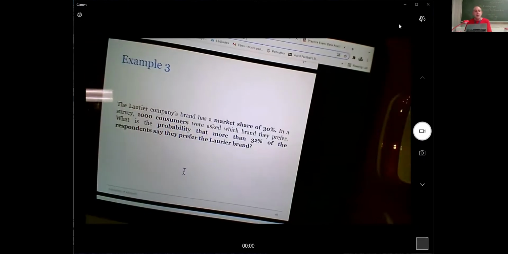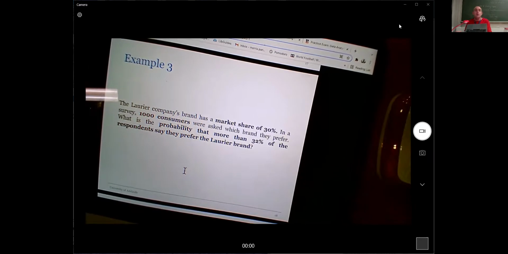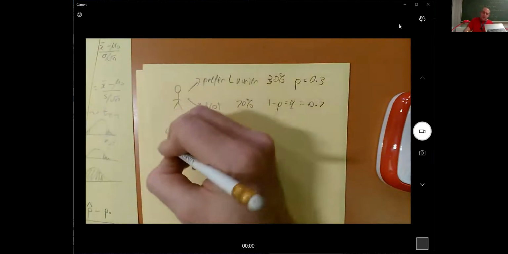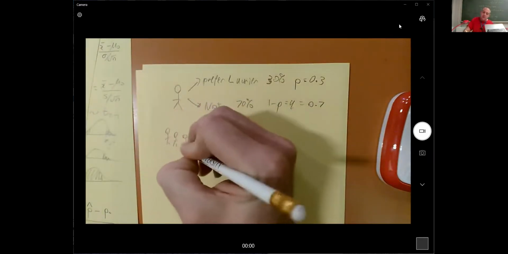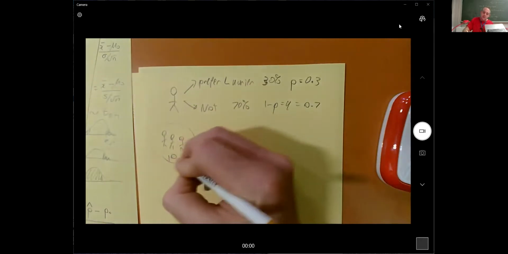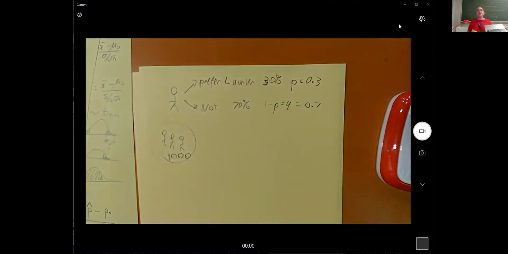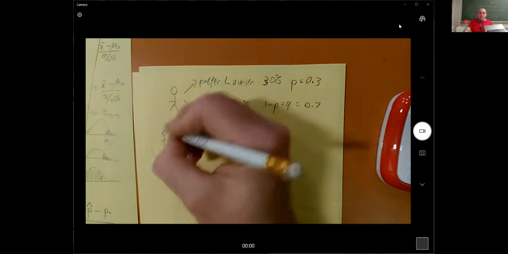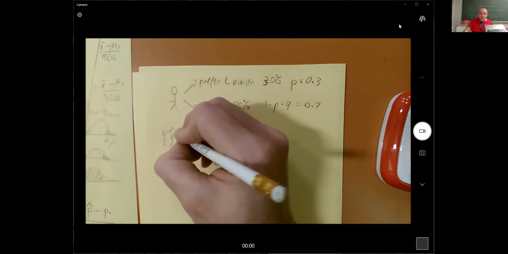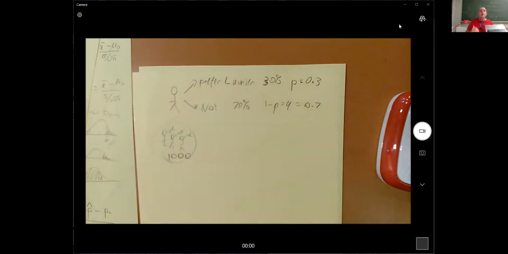Now we've said we've got 1,000 consumers and we're asked what brand they prefer. And so now we've got like 1,000 people. I'm not going to draw 1,000 of them. 1,000 consumers. Yep. And every one of them either prefers Laurier or they don't, right? And so what I'm going to write down is how many of them prefer Laurier.